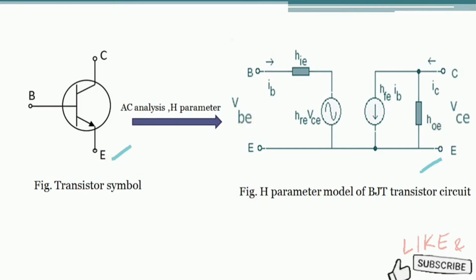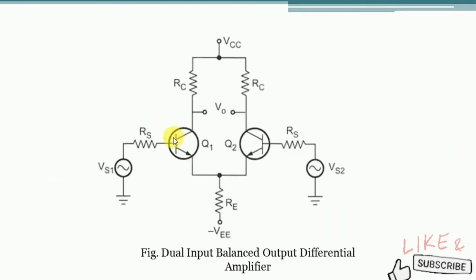Okay, so if you observe the previous circuit, here we simply remove the transistor and connect the H parameter model of the transistor to this circuit, and thereafter we will calculate the differential gain, common mode gain and CMRR.